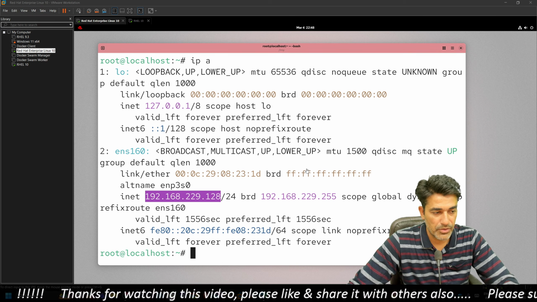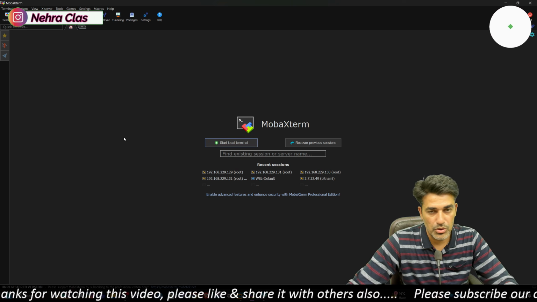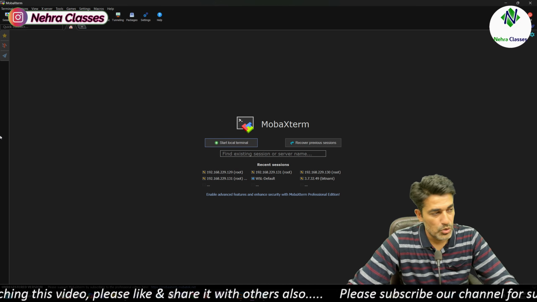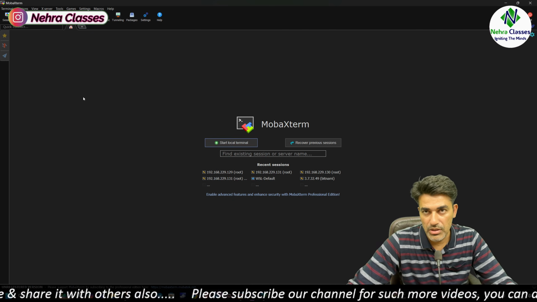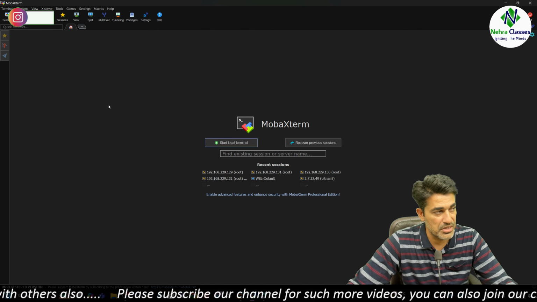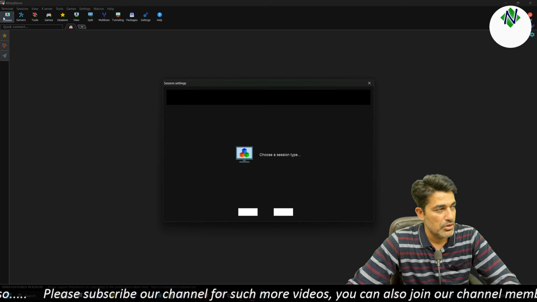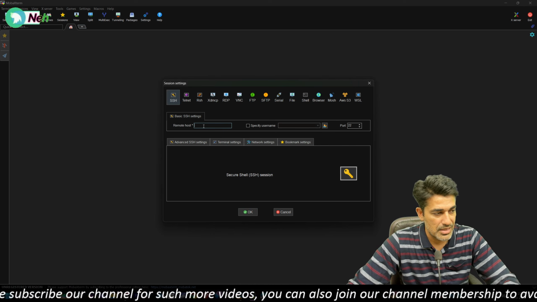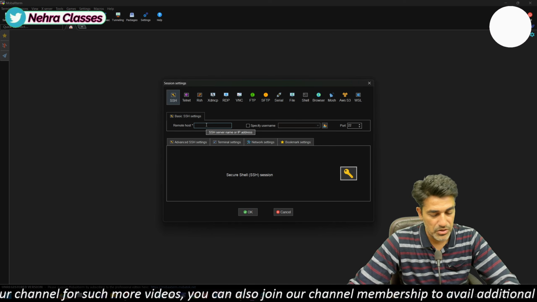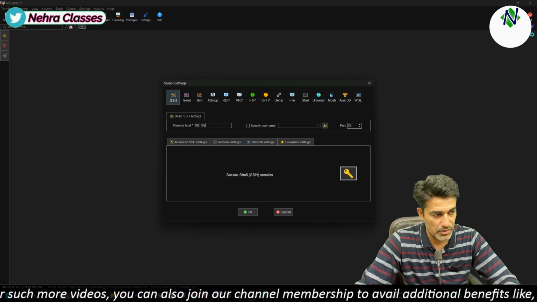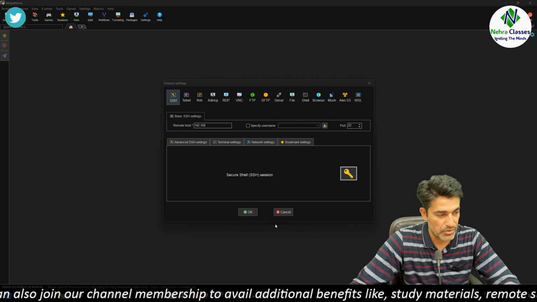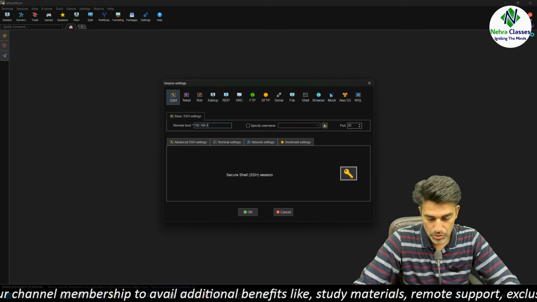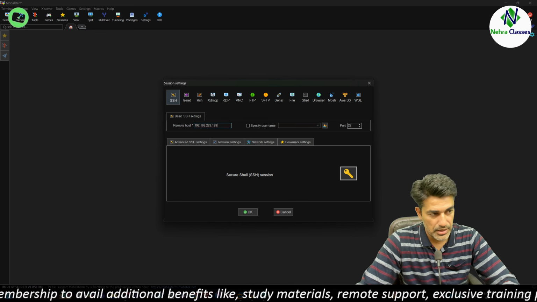PuTTY is a tool which you can use to remotely do SSH. Or you can use this tool, MobaXterm. It is very popular. You can click on session, you can click on SSH, you can mention the IP address of the machine, 192.168.229.128.